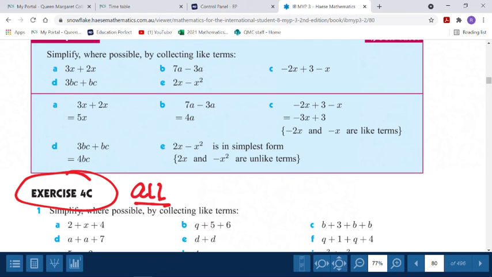Now, this is a lot of them, but that should tell you why. Why would they have so many of the same skill? You've got to remember, it's that important. You've got to really practice and know what it is you're doing. Okay? So page 80, exercise 4C.